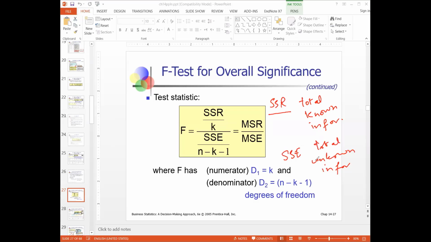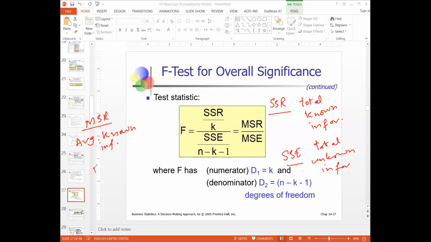So let's see what is MSR. So MSR is average known information. What is average? It is average per variable. So SSR divided by K. So average known information per variable. So I should have written average per variable known information.